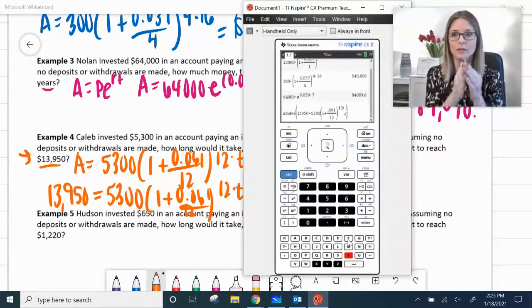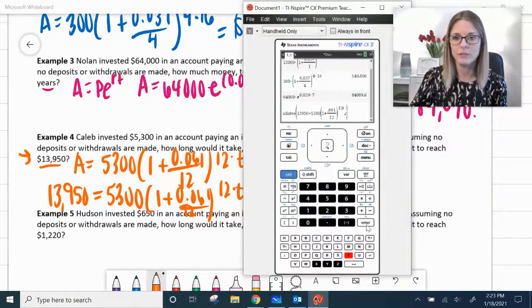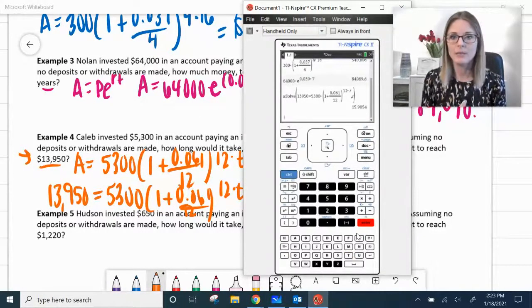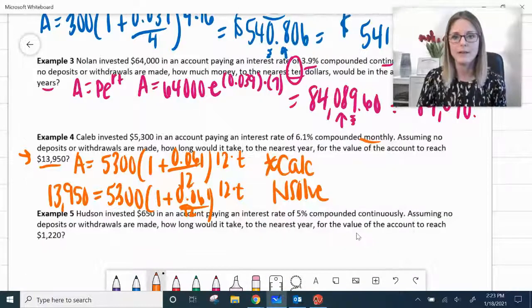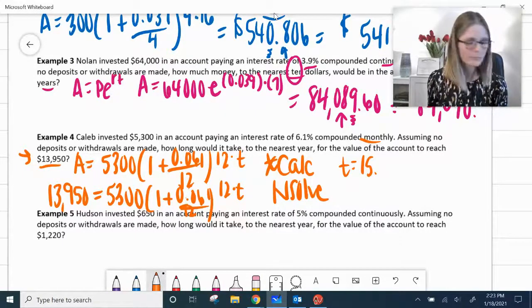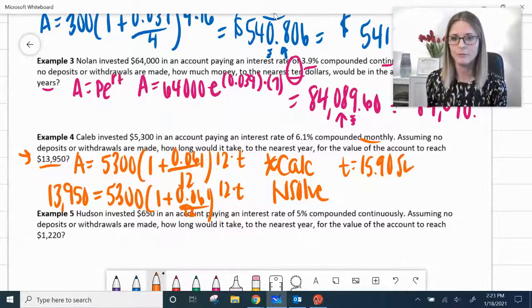Remember, when you use InSolve, you're going to write your entire equation. You have to do comma, and you have to tell it what your variable is, or it doesn't know. It's only as smart as the operator. T equals 15.9054.